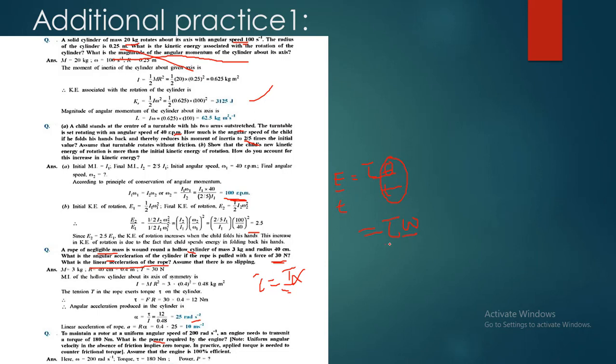So angular velocity times torque gives you power. We have the torque, which is 180, and we have the angular velocity, which is 200. With no friction force, you get all the power. It is that simple. So put in the numbers and get the answer.